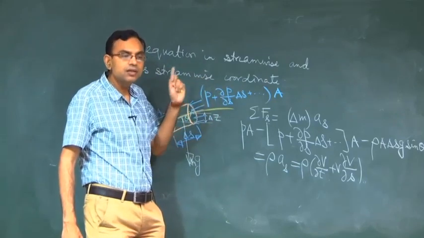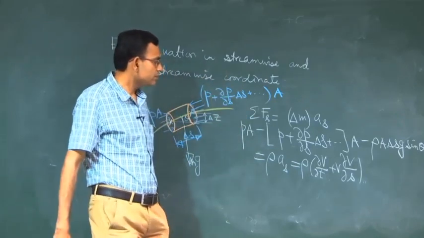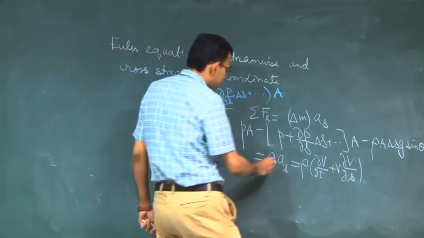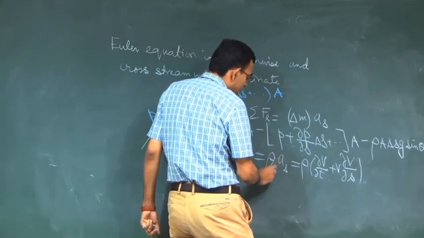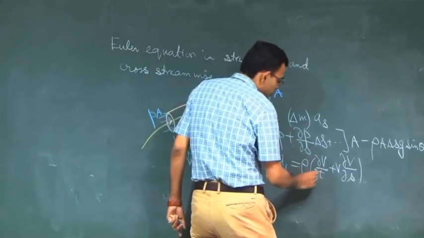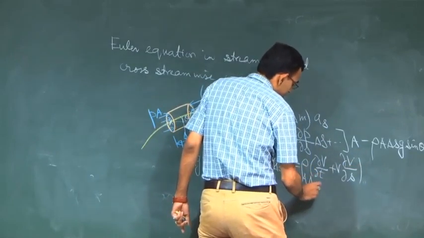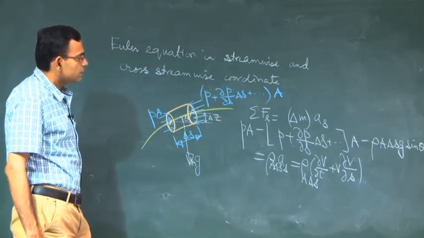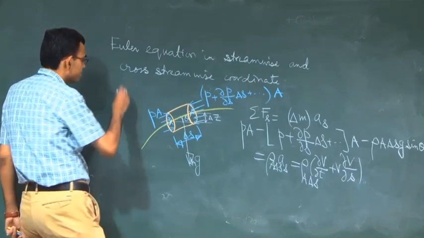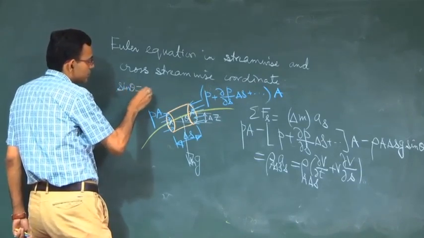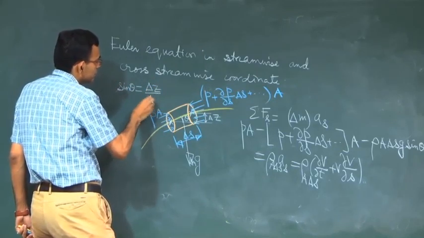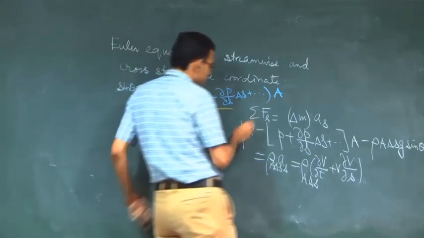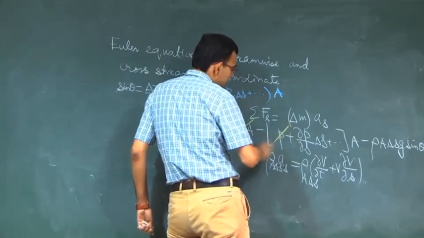So, V is a function of t and S. Into delta m, sorry, into A into delta S, right, rho into A into delta S. So, if we now write sin theta, it is this one. So, let us see which terms get cancelled, these terms get cancelled.